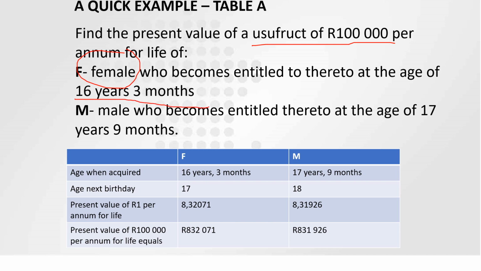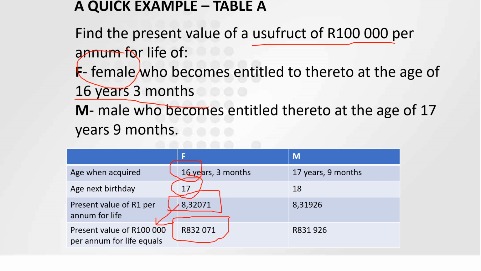We do not take the age as 16 in Table A. We must say at their next birthday they will be 17, and we find the factor for a female who is 17 years of age at their next birthday. And you multiply the 100,000 annual value by the factor. And then the right of use of this usufruct is valued at 832,000 Rand.